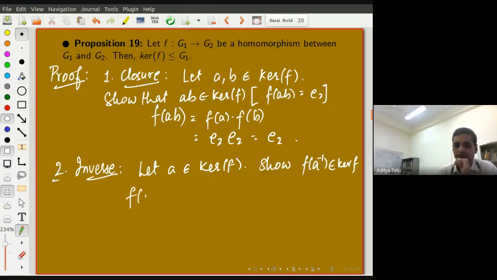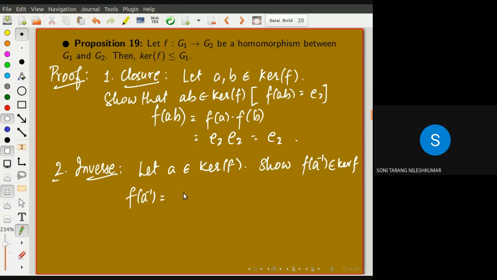So what is f of A inverse? It will be f of A whole inverse. And f of A will be the identity of group 2. And E2 inverse is E2. Good.